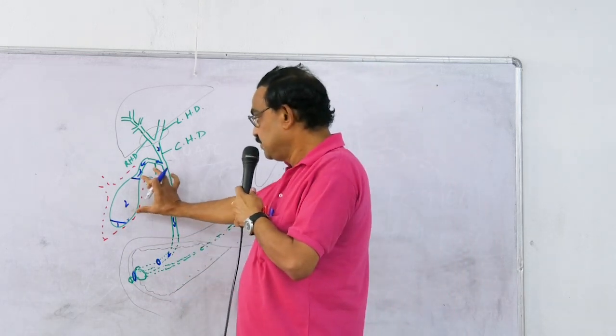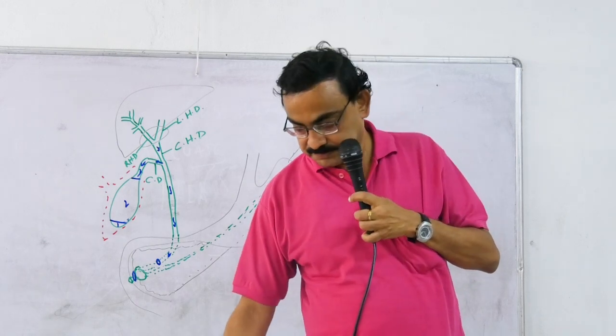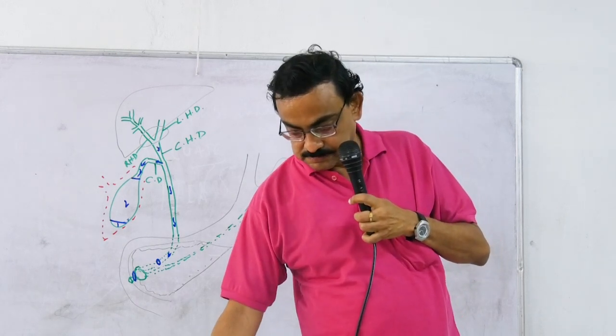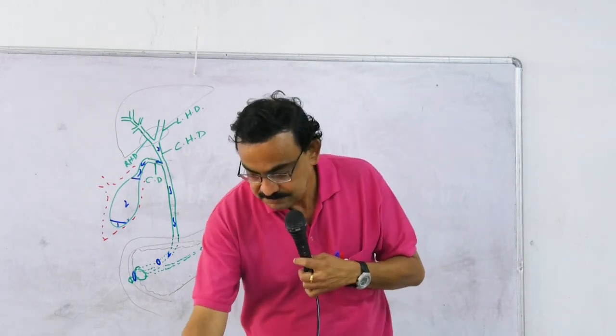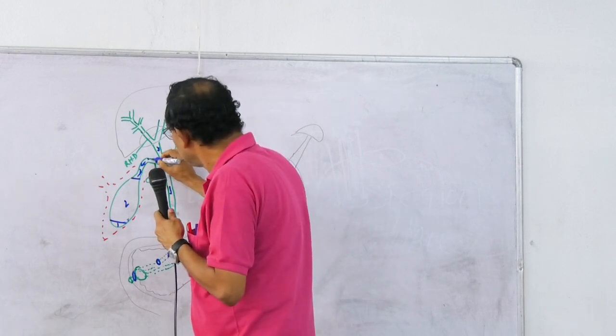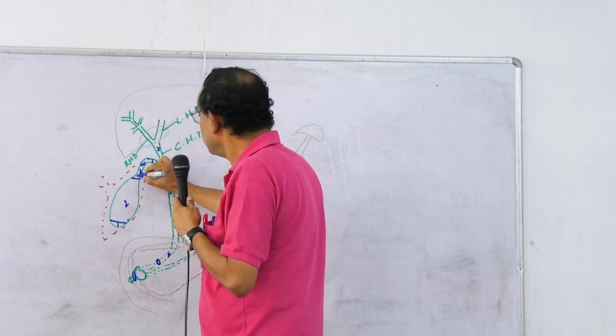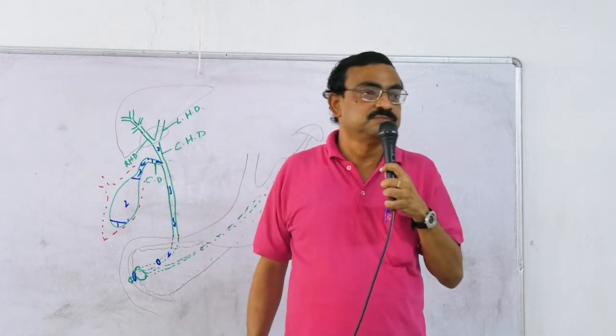Part 2 is the body of the gallbladder. Part 3, this is the neck of the gallbladder.